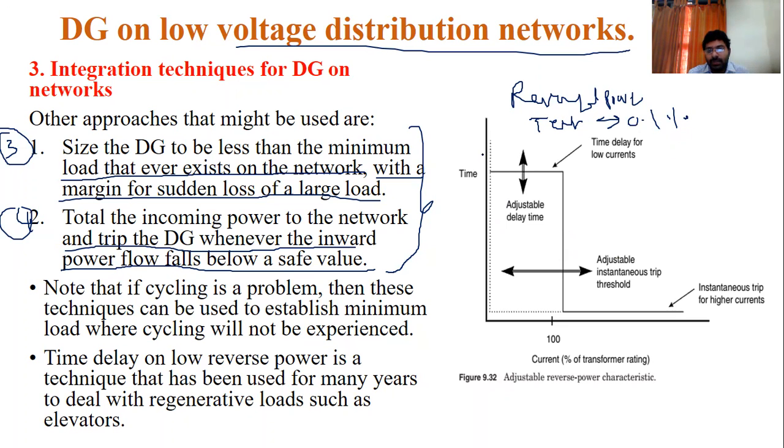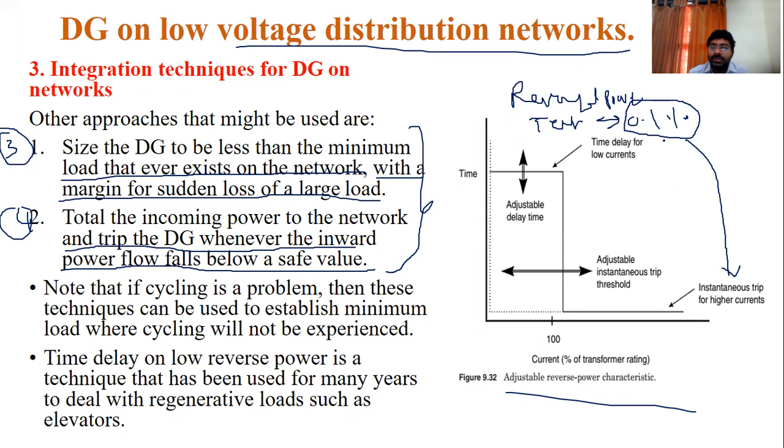Whenever there is a problem, you can see these dotted lines. A cycling, an instantaneous current is produced in the system because of some problems. So this relay will be activated by that instantaneous high current, open the system and clear the fault.